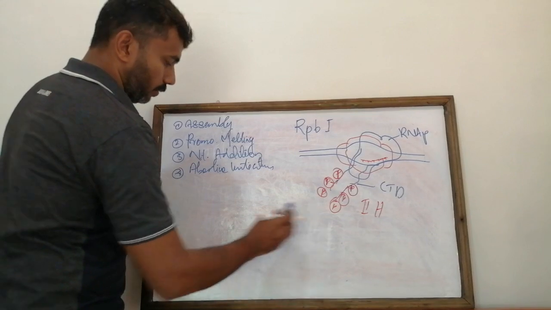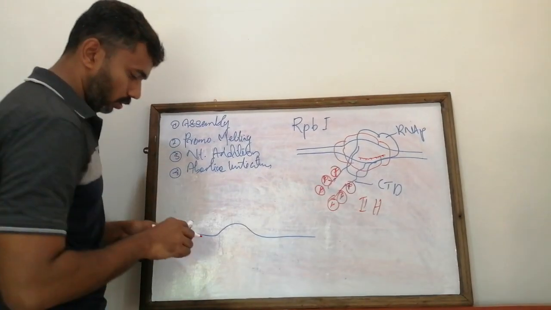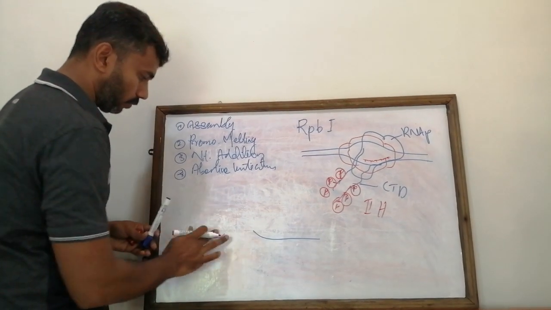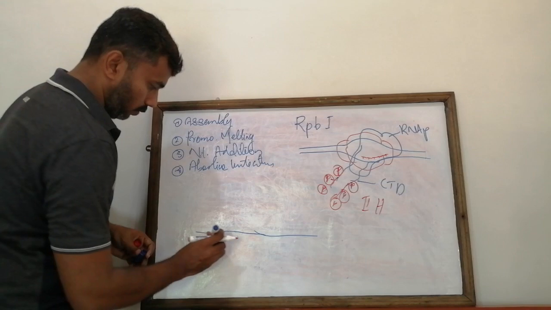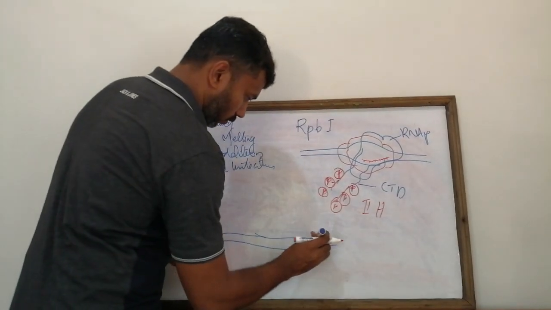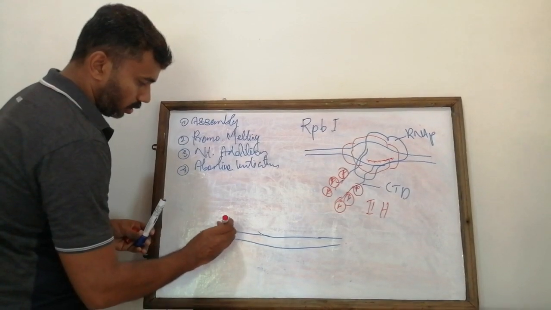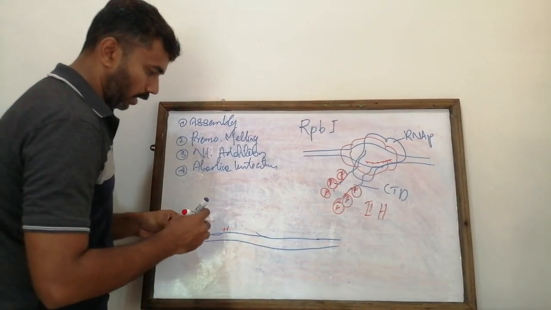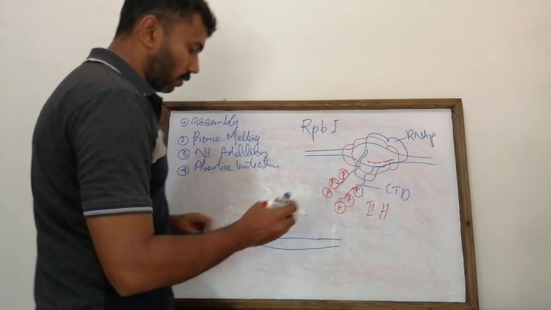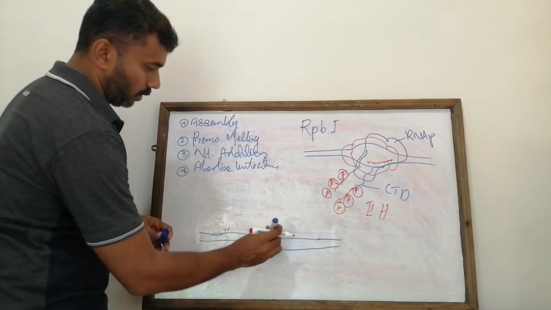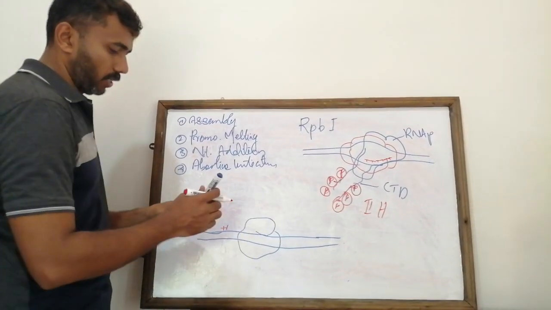So you can see that. Suppose maybe this was the image. Suppose this is the +1 site, and after the phosphorylation of the carboxyl terminal domain, the polymerase will move a distance from the +1 site.